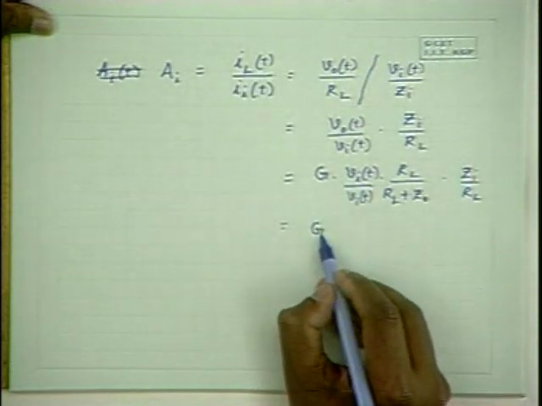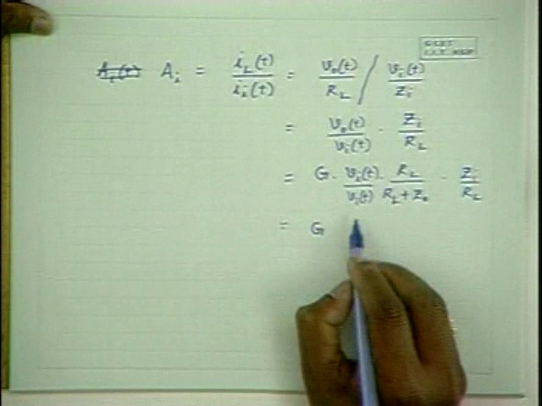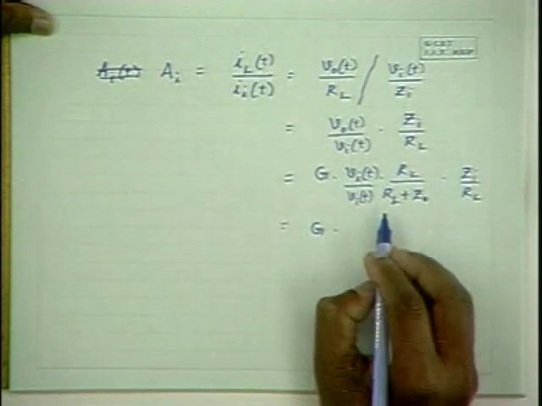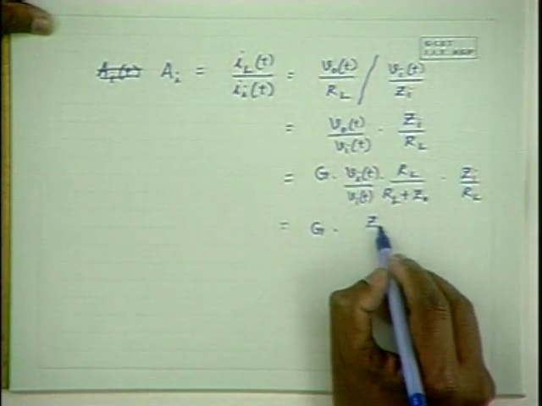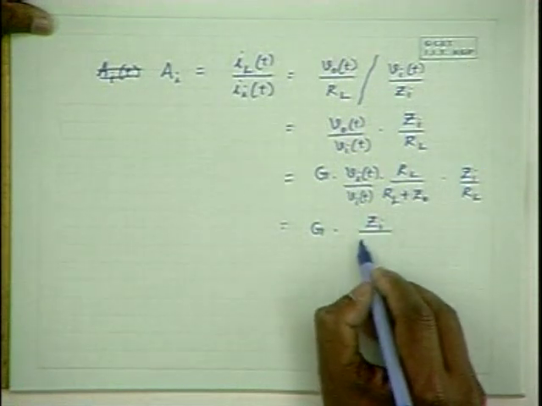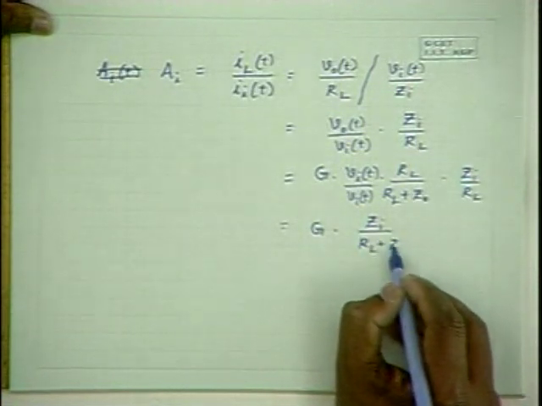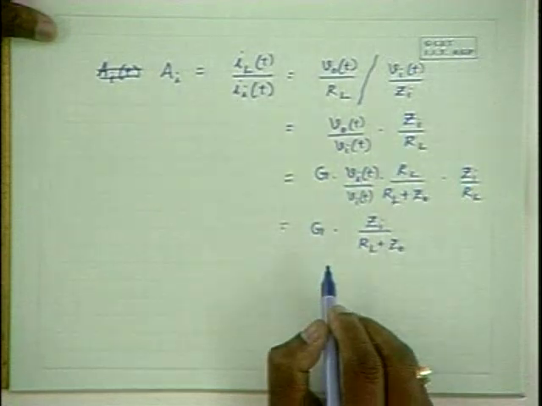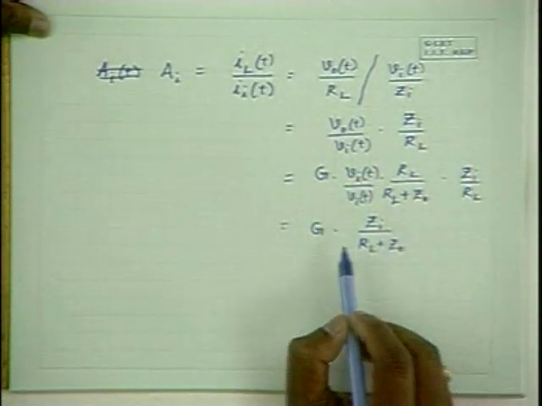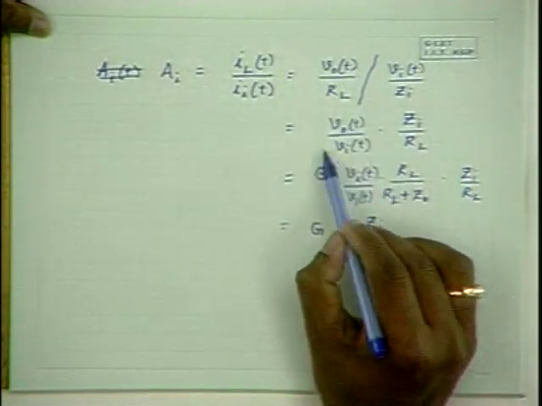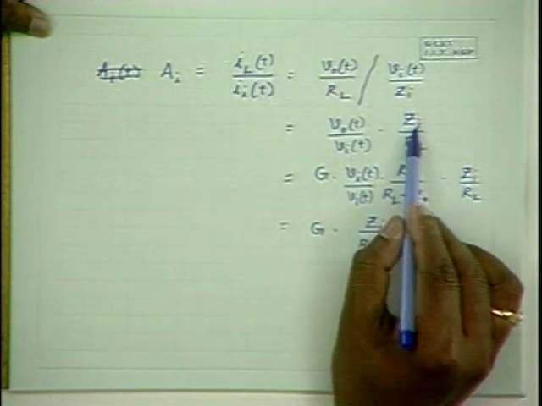Therefore, it is equal to the gain under no load multiplied by Zi by RL plus Z naught, or it is the gain under loaded condition multiplied by Zi by RL.